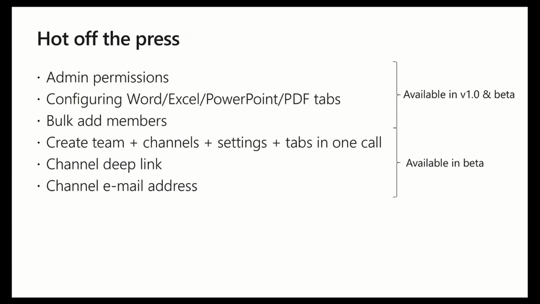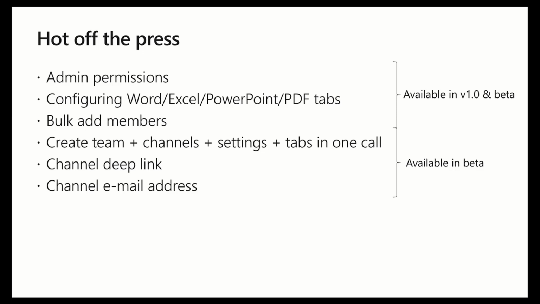I also wanted to talk about a couple features that are hot off the presses, recently released. The first one is admin permissions. This is a concept that admins ought to be able to work on teams they are not owners of. Admins are powerful people. They should have powerful permissions.